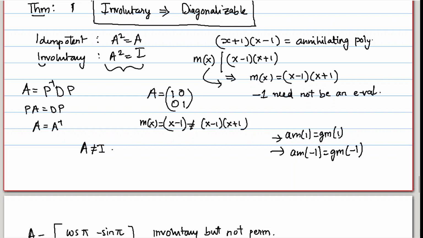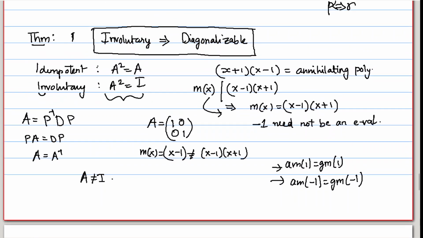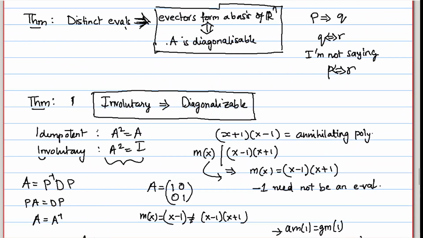This might not be the case. Okay, wait 1 minute. Yes, this has to be the case. Since we got one condition, I'll note it down: AM equals GM for all eigenvalues.